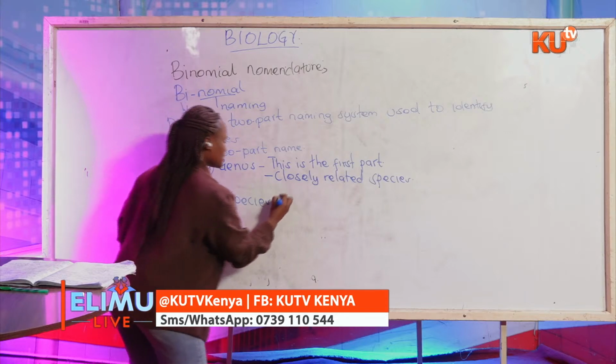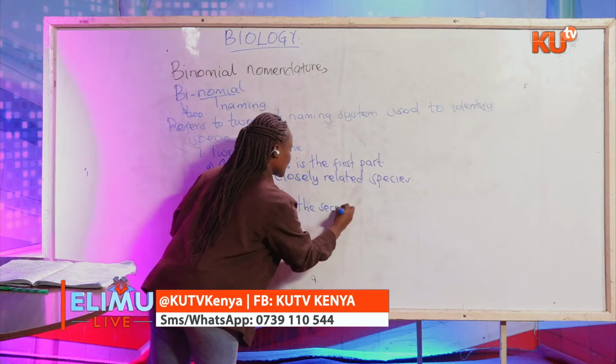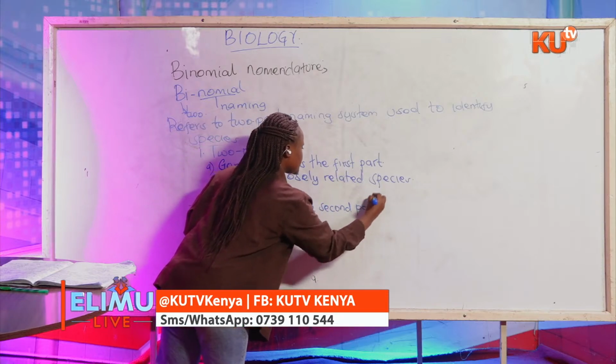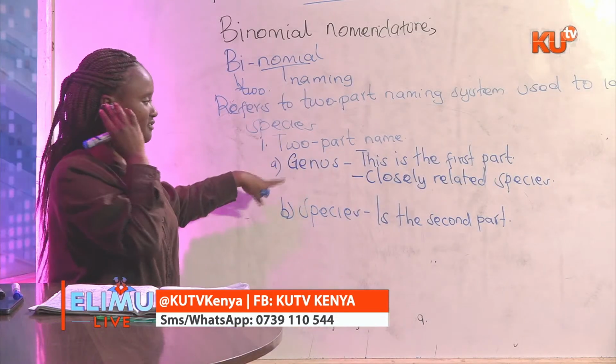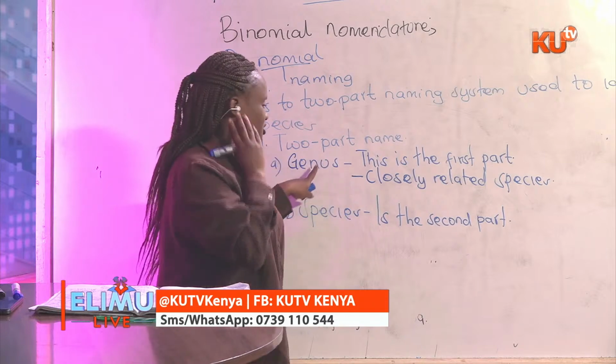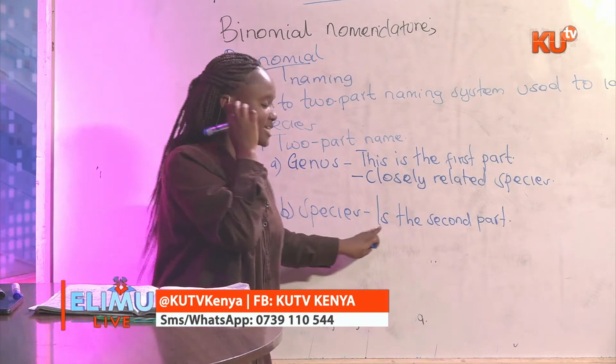The species is the second part. So we have the first part. When you're writing the name, we have the first part, that is the genus, and then we have the second part, which is the species.